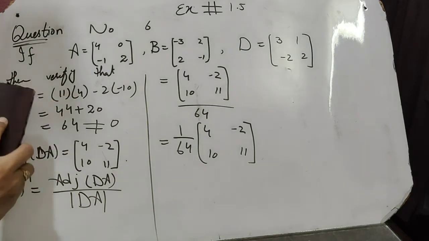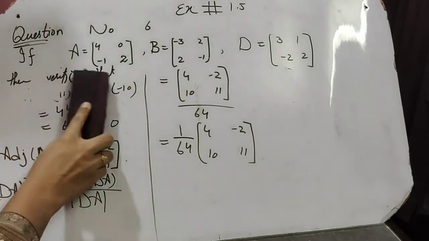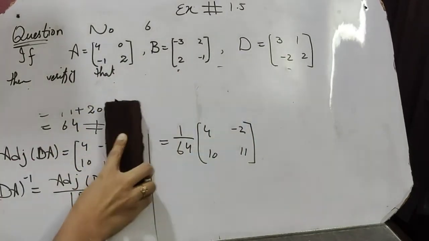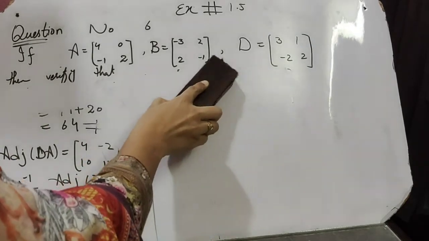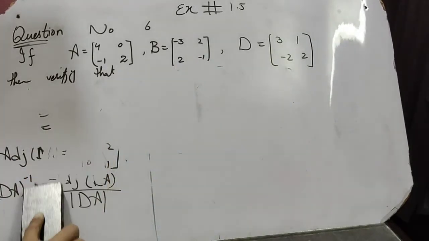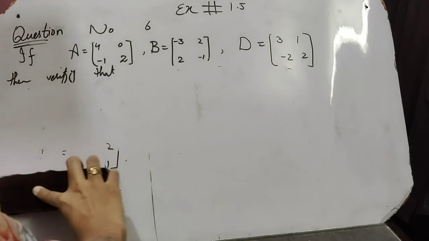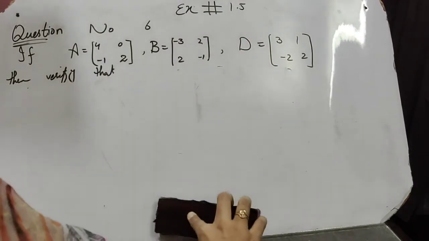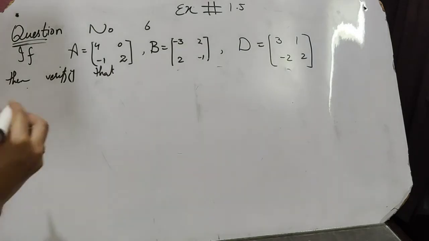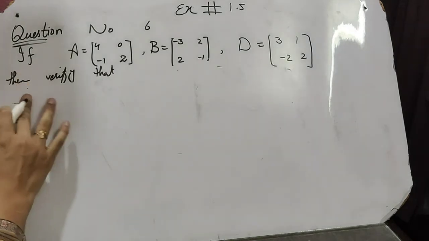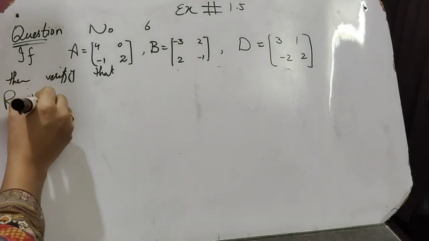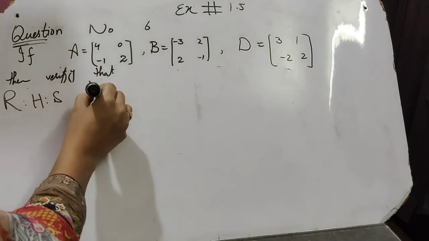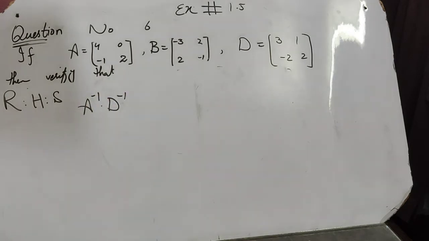Now we solve the right hand side. And the right hand side is A inverse into D inverse.